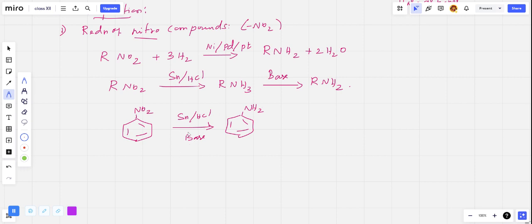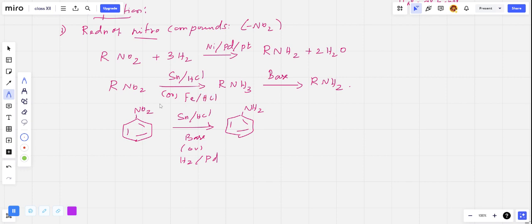Either we can use this, or hydrogen with palladium, platinum or nickel, anything. It will be reduced to the primary amine, aniline. We can use Sn/HCl, or Fe/HCl also.